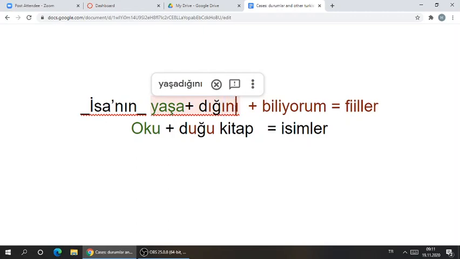It needs usually to have a case if this verb wants a case. And then we also talked about the meaning, that it can be used for past or present or aorist tense. And we practiced lots of examples. Try applying this on your own, and as always, we'll apply it more in class.